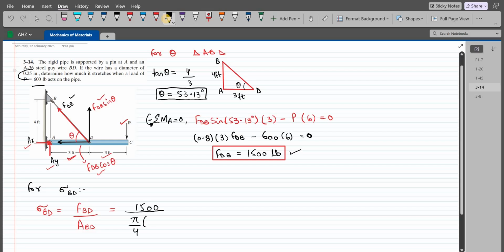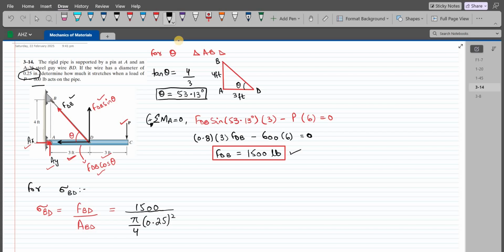Diameter is 0.25 inch, 0.25 squared. The average normal stress in the wire BD comes out to be 30,557.75 psi, which is less than the yield stress of A36 steel, which is 36,000 psi. So we are still in an elastic region.